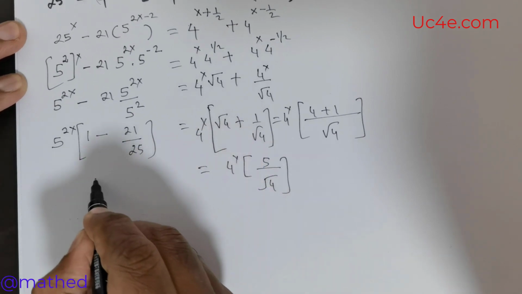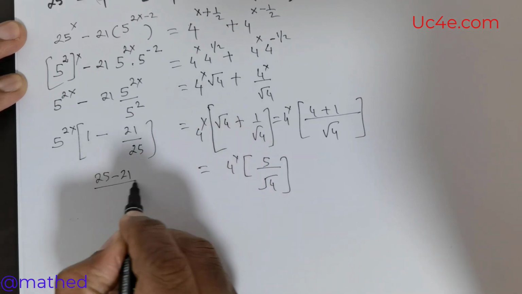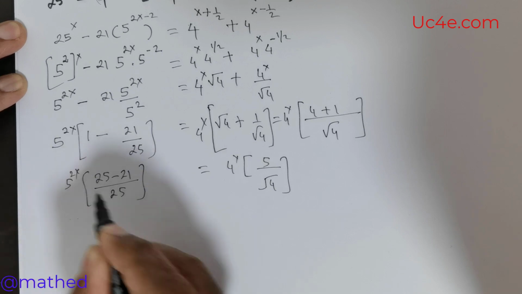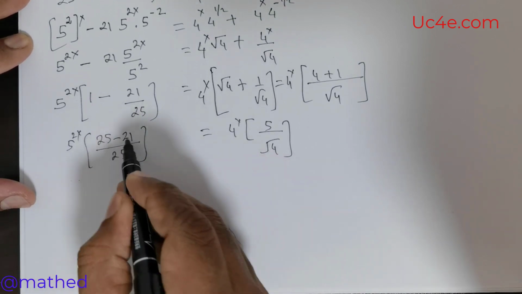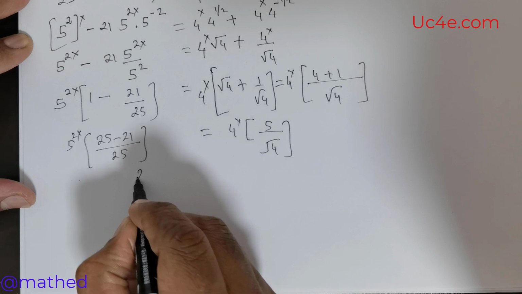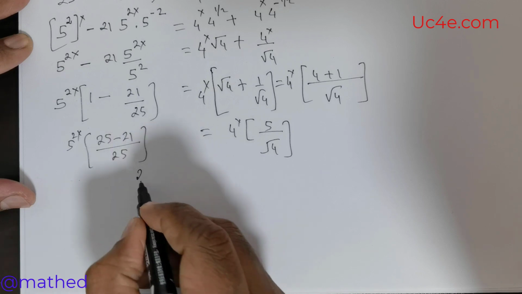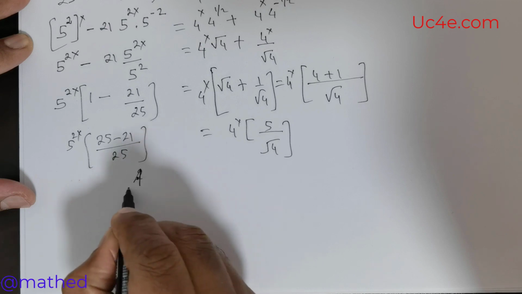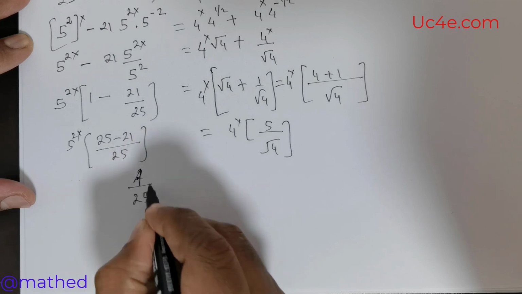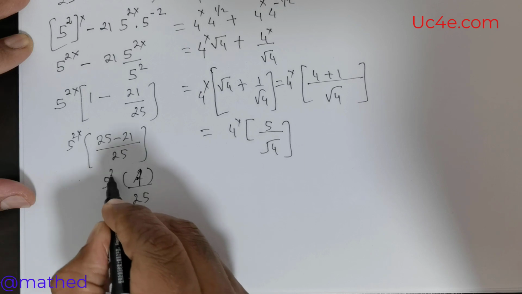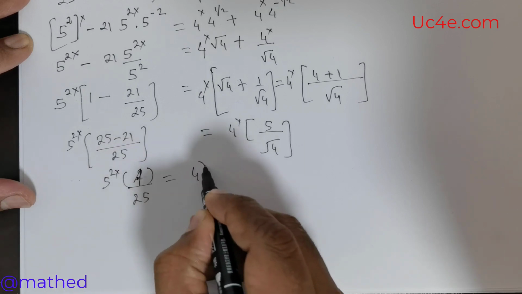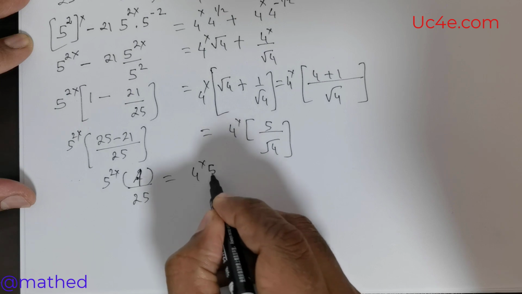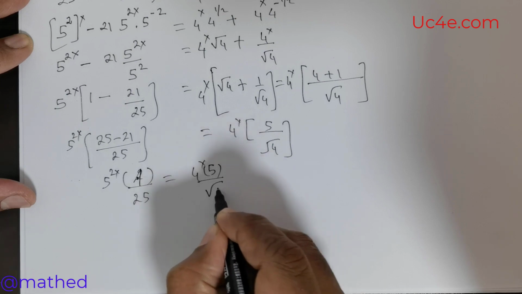Now if I were to simplify this, this is going to be 25 minus 21 divided by 25 times 5 raised to the power of 2x, and 25 minus 21 is going to give me 4, right? So this is going to be 4 over 25 times 5 raised to the power of 2x is equal to 4 raised to the power of x times 5 divided by root of 4.